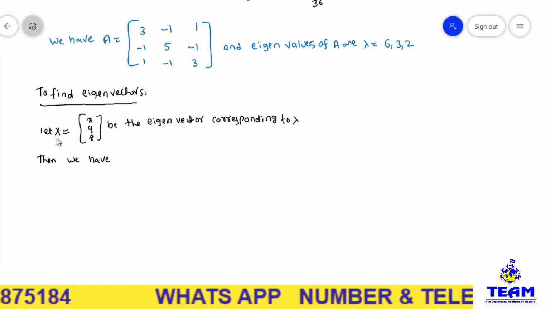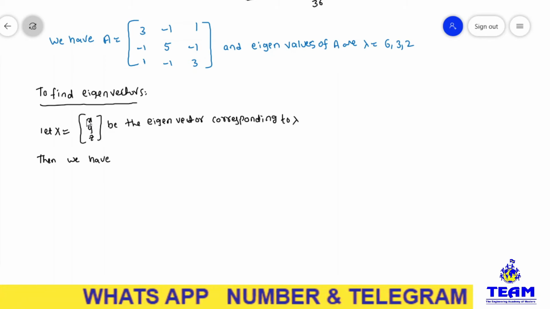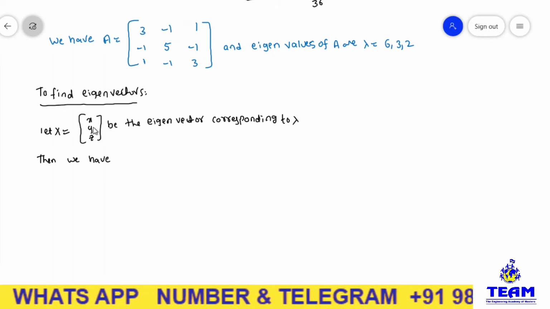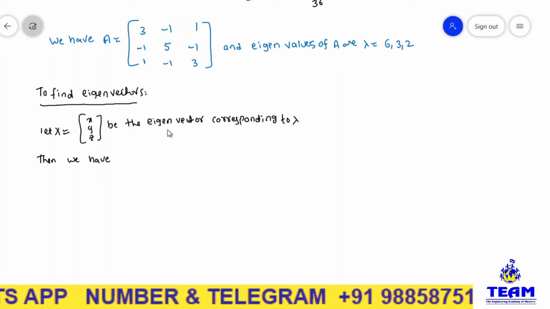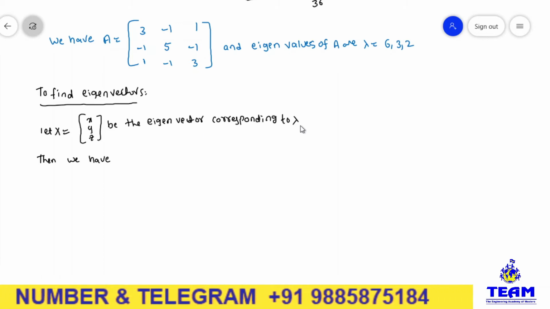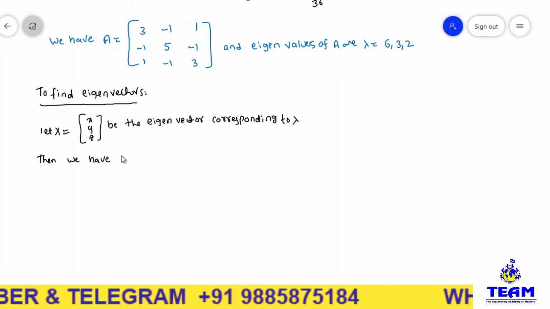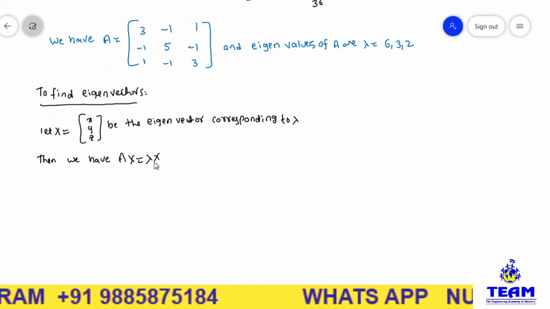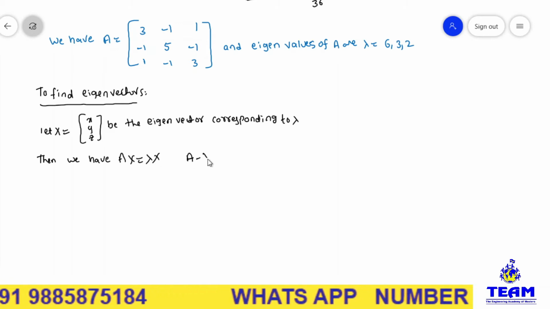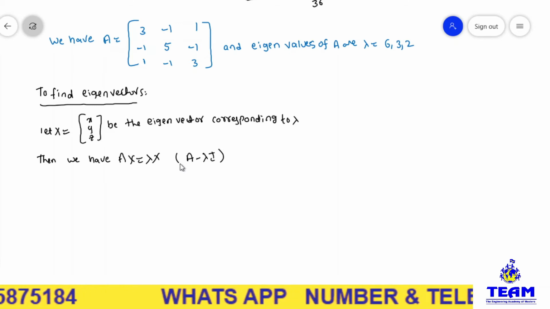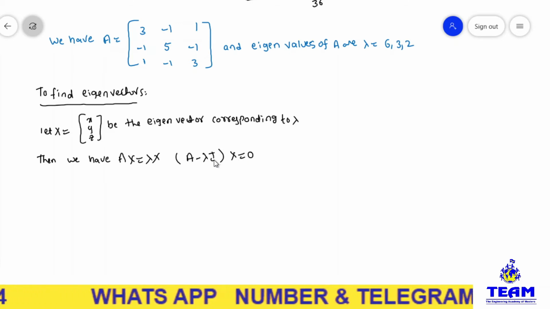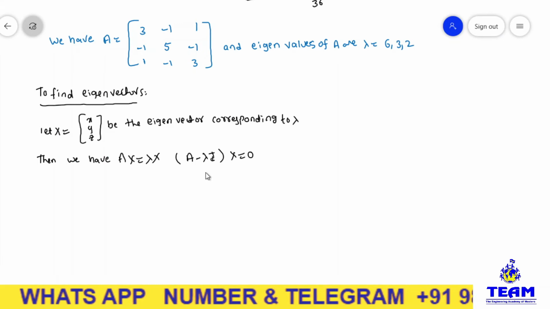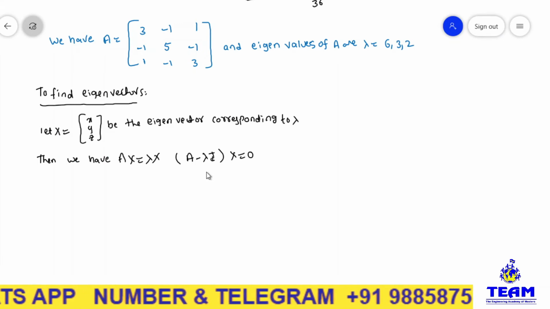First, you observe friends, we have to consider x equal to x1, x2, x3, or x equal to x, y, z, as the eigenvector corresponding to the eigenvalue lambda. Then from the definition, Ax is equal to lambda x, or also (A minus lambda I) x is equal to 0. If you simplify this equation, we will get the eigenvector.